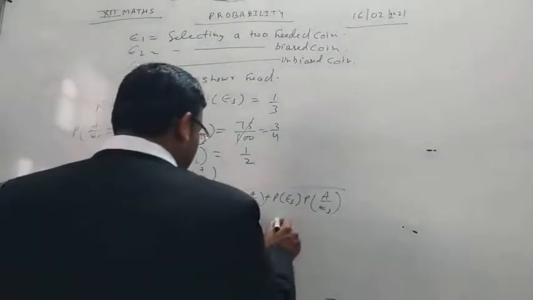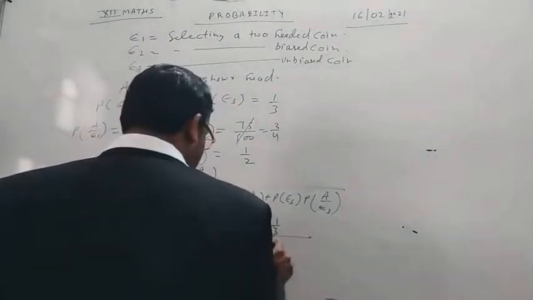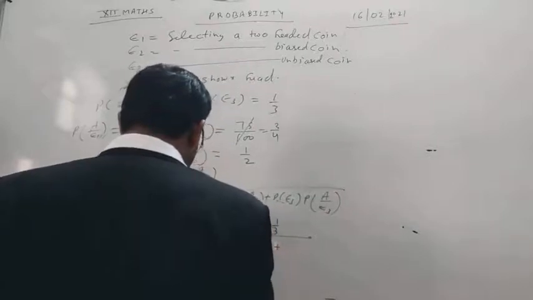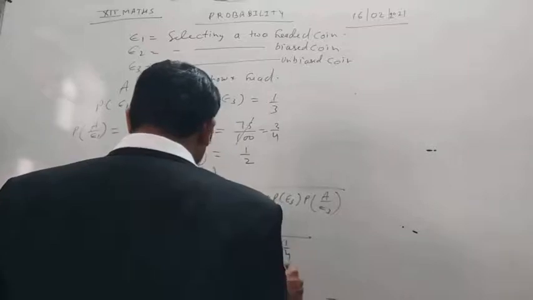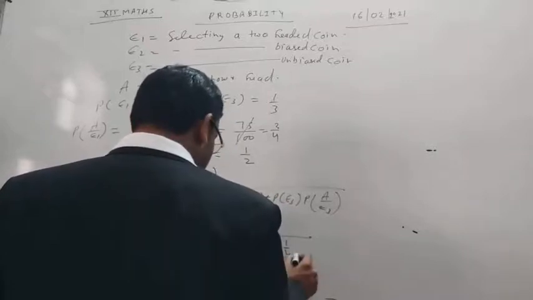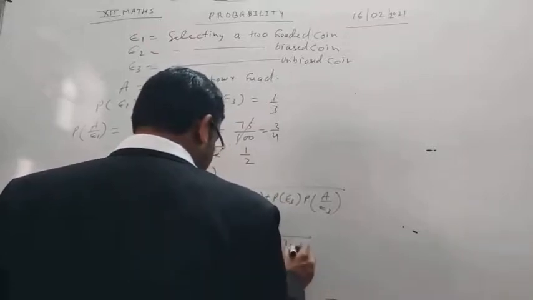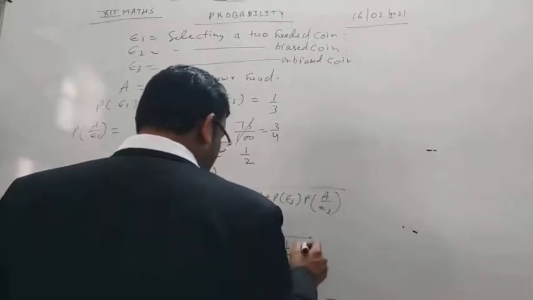When we further solve it, we get 1 by 3 in the numerator, and in the denominator we cancel to get 1 by 3 plus 1 by 4 plus 1 by 6.